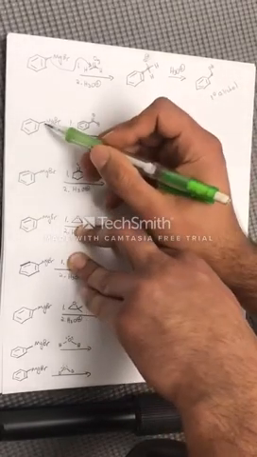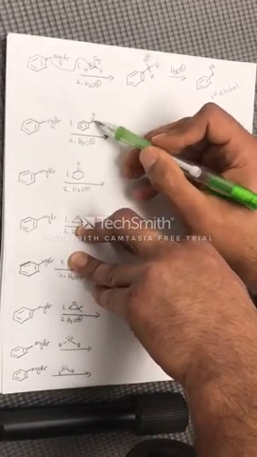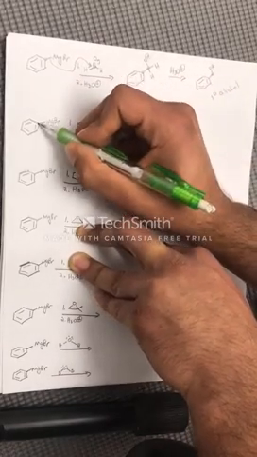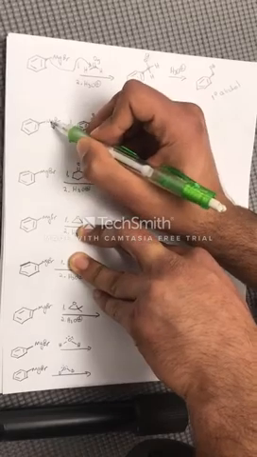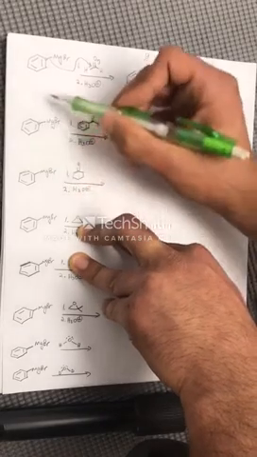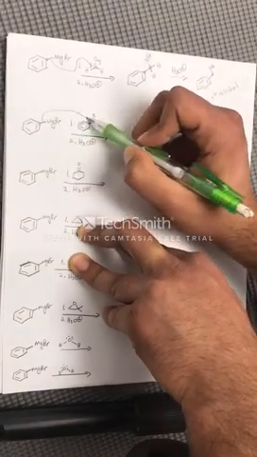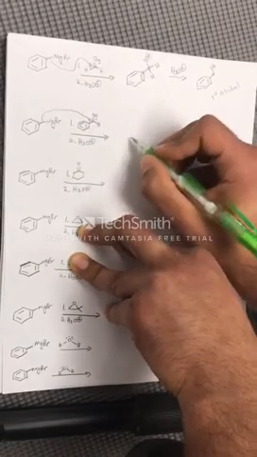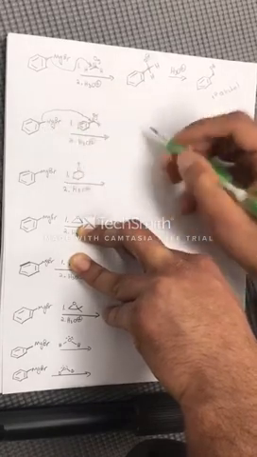Next one, you're reacting a Grignard with an aldehyde, in this case benzaldehyde. Same deal, this is the carbon attached to magnesium, so that's the nucleophile. The electrons come out, attack the carbon of the carbonyl, which is electrophilic, and you get, so I'll draw this exact same thing here.